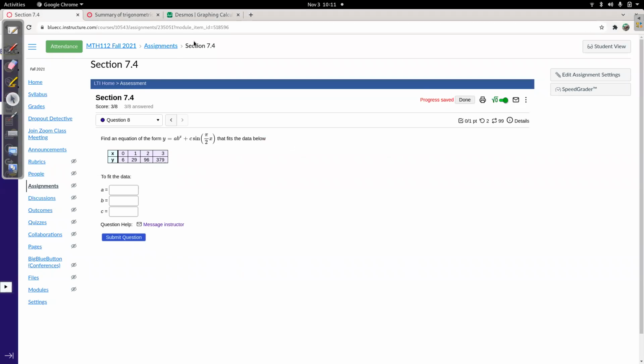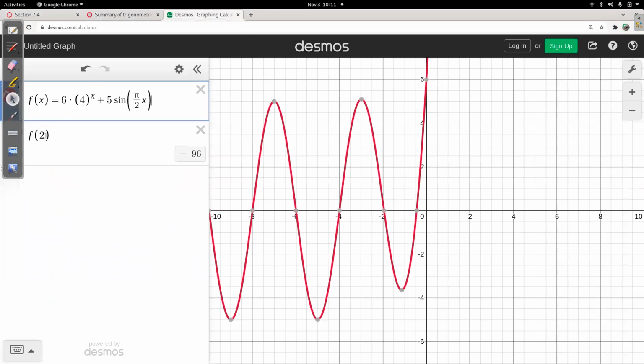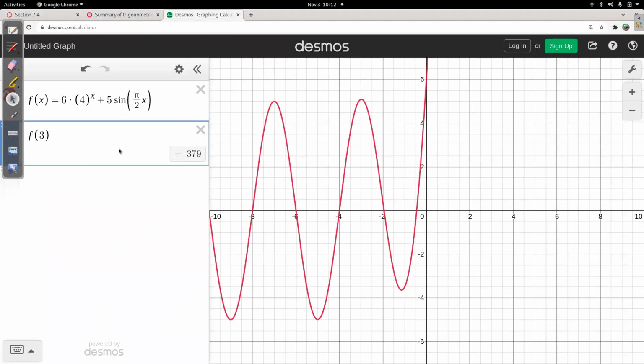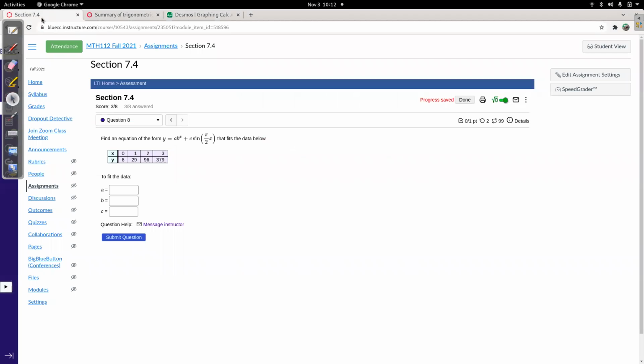All right, that's good. I should get 1, 29 and 3, 379. Check. All right, so we found the right function. And the key is we had to figure out what the period was up front to realize this is a full period. Start, midline, and then oscillation in between. So one full period listed there.